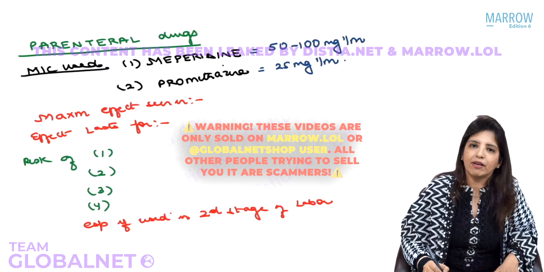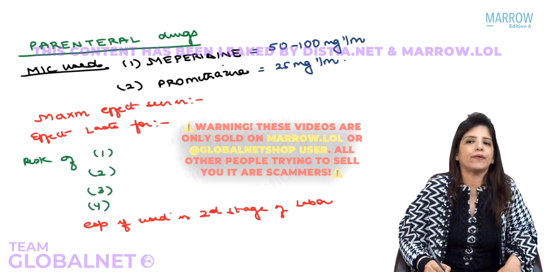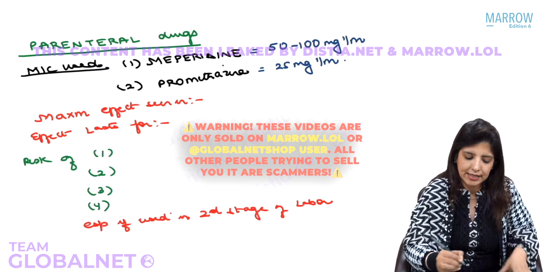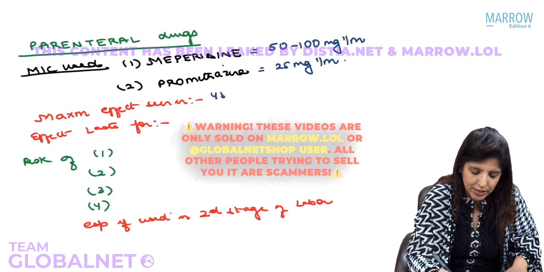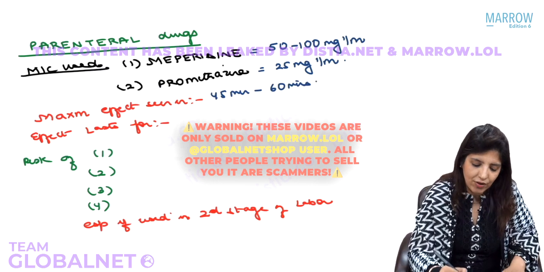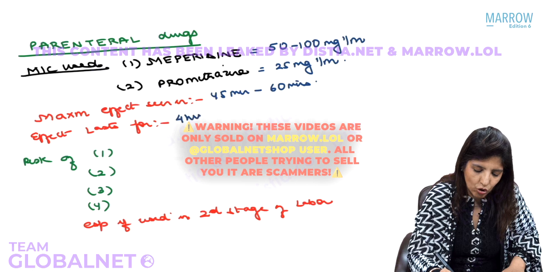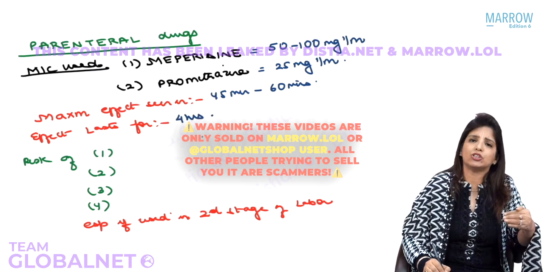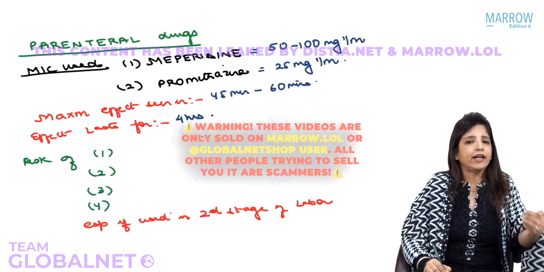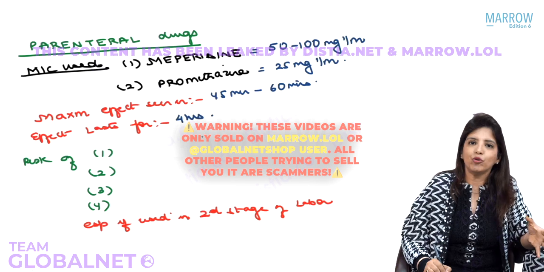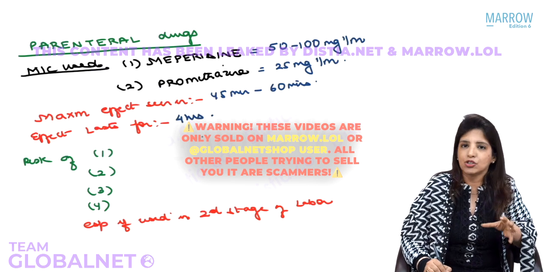Now, when you are giving promethazine or meperidine, the maximum effect is going to be seen within 45 to 60 minutes, and this effect is going to last for 4 hours. So the effect is slow in onset and lasts only 4 hours, and after 4 hours you will have to repeat the injection.